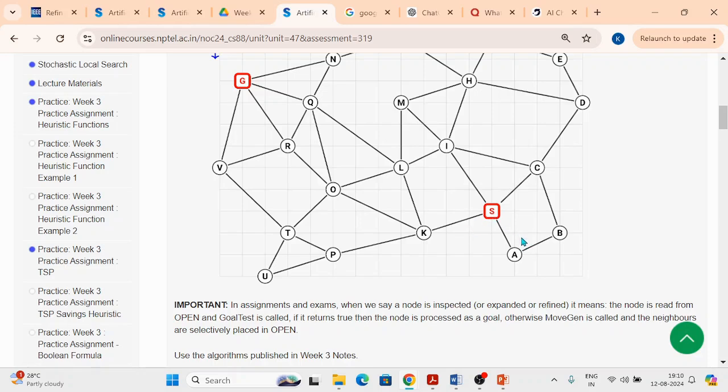Previously we saw the Manhattan distance. Now we need to follow the Euclidean distance. Okay, so the Euclidean distance between S and A is, so this is the Euclidean distance. Now we need to form a triangle like this, 1, 2. If you want to calculate the Euclidean distance, like Pythagoras theorem, AC square is equal to AB square plus BC square.